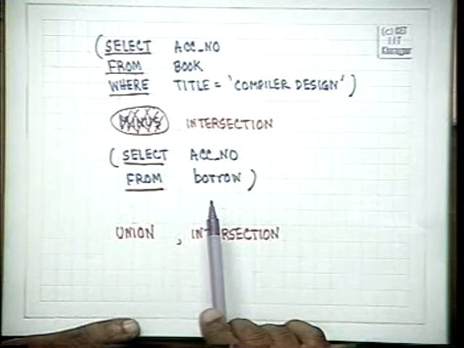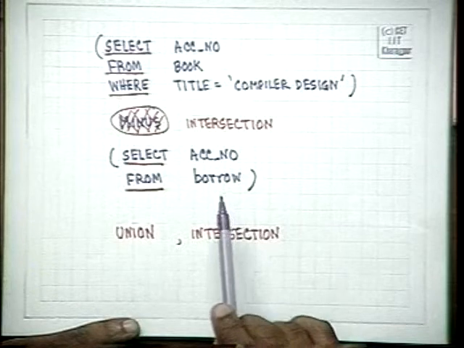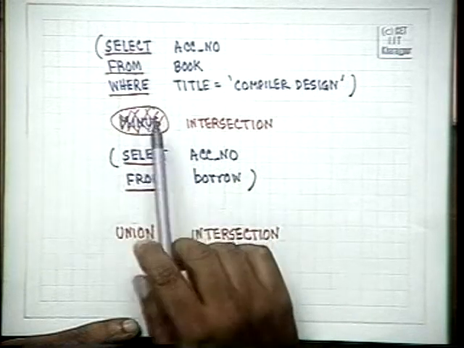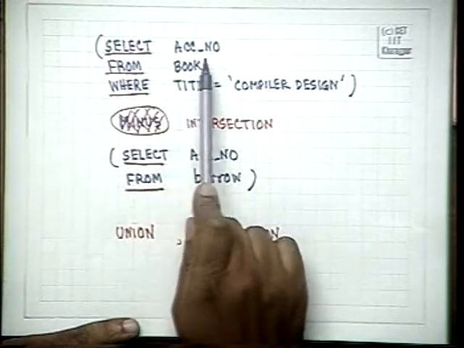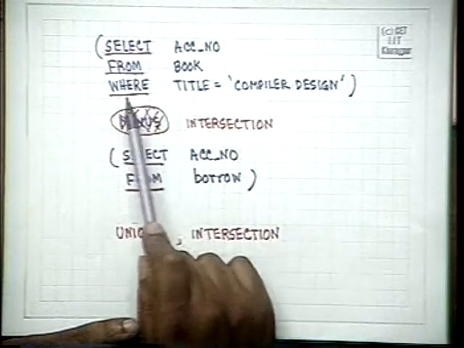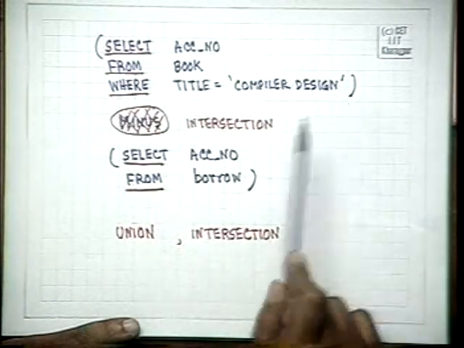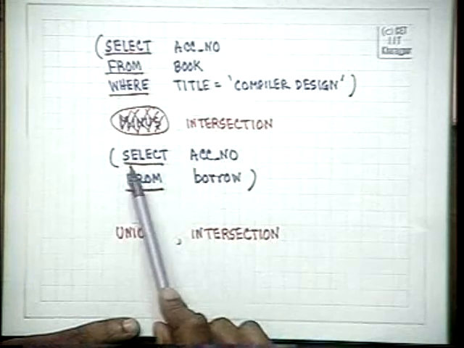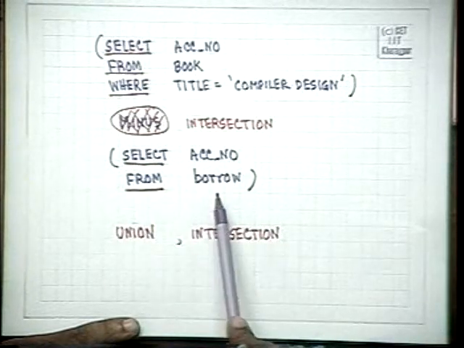We found that SQL provides a number of set operations, some of which are directly there in relational algebra and some of which are not, but they are more useful when provided in SQL. For example: select accession number from book where title equal to compiler design, intersection, select accession number from borrow.